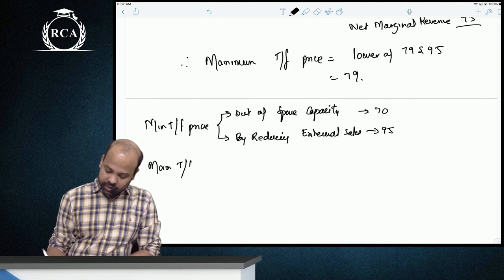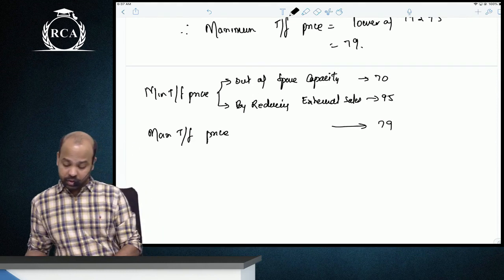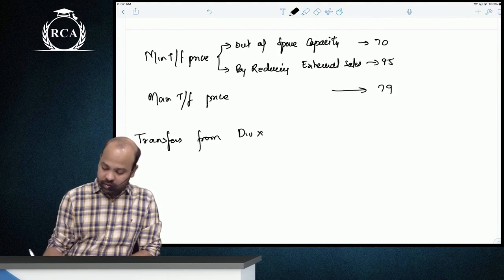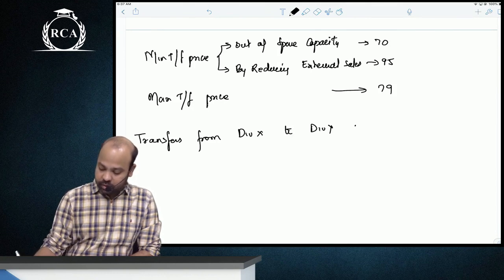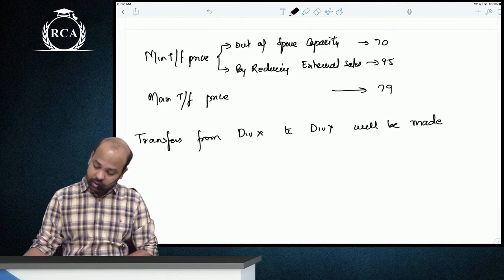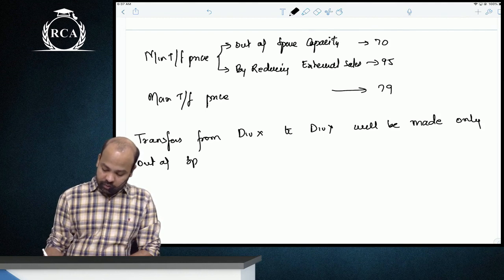Maximum transfer price is 79. So the answer is very clear. Transfers from division X to division Y will be made only out of spare capacity. Should be made, undoubtedly. Will be made only out of spare capacity.